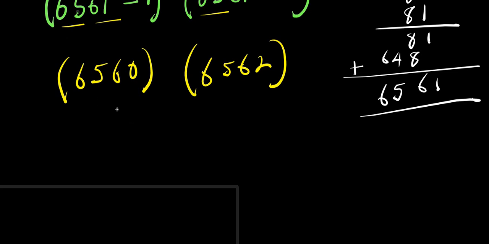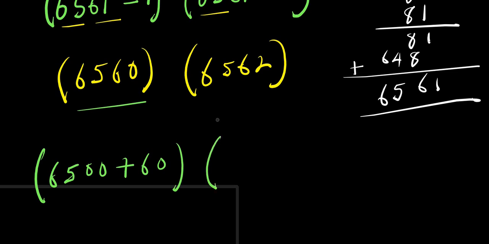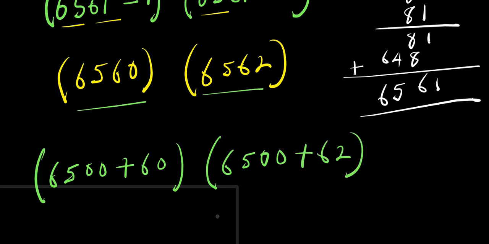I can express this as a summation of 6,500 plus 60, times this, I can express it as 6,500 plus 62. Have you seen it?